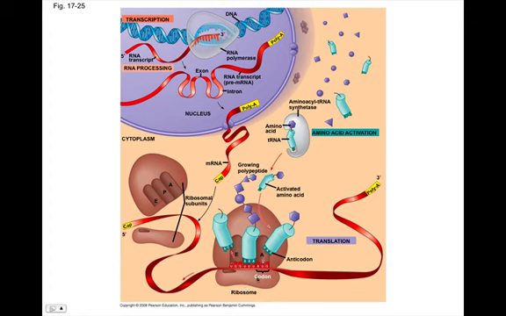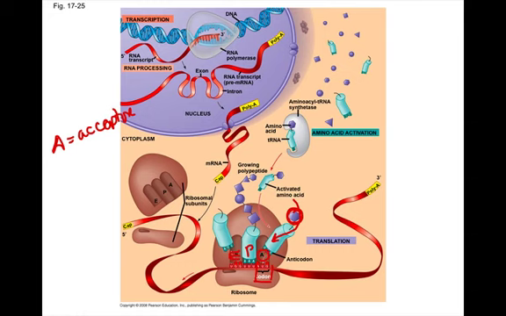The triplet letter positions are called the A, the P, and the E site. A stands for the acceptor site, and that's the triplet codon in position to add the next amino acid. So here comes the next amino acid, and we'll talk about that in a second.